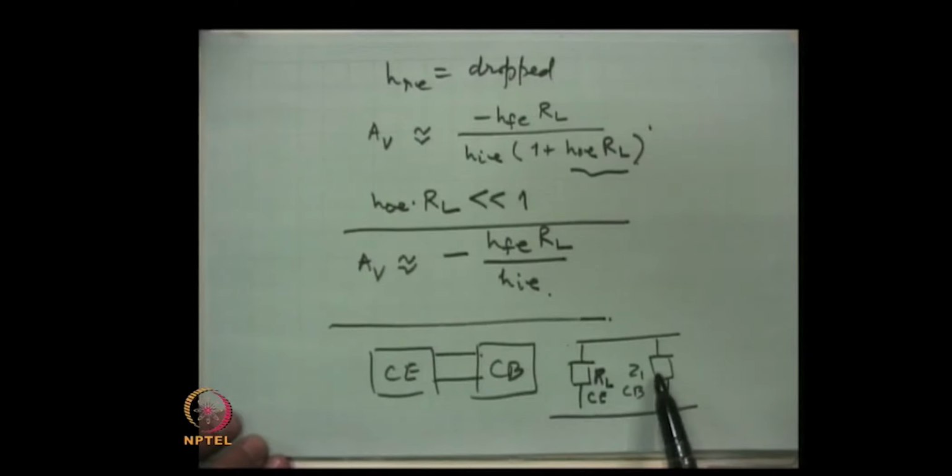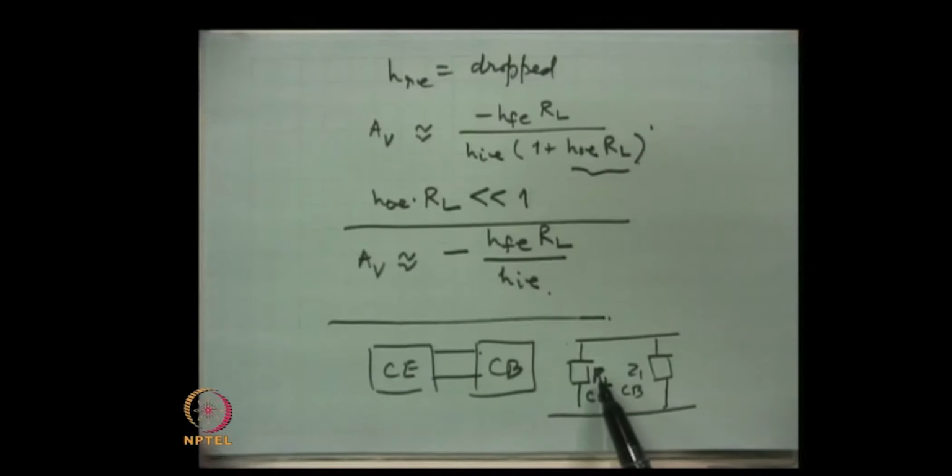Now, this is very low, a few 50 ohms, 80 ohms, 20 ohms, very low resistance, and normally RL will be in kilo ohms.